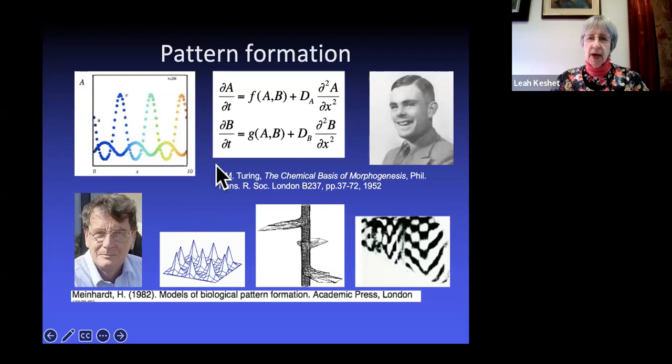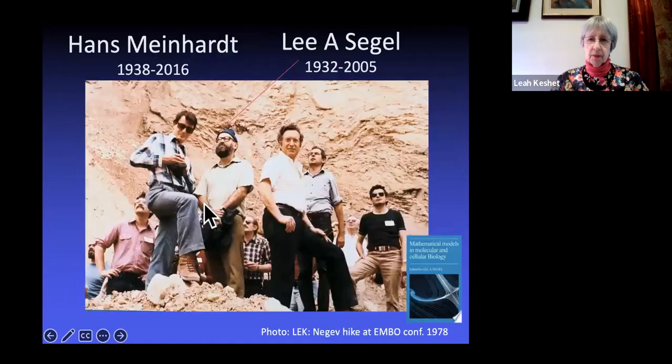And so again, these are PDEs, in this case a pair of PDEs, with differences in the rates of diffusion and certain kinds of nonlinear interactions that could give rise to standing wave patterns and that have been used to describe all kinds of biological patterns.